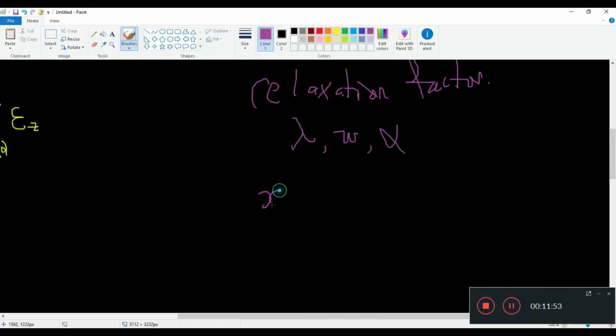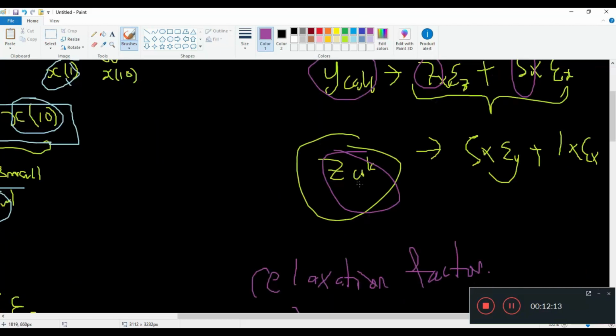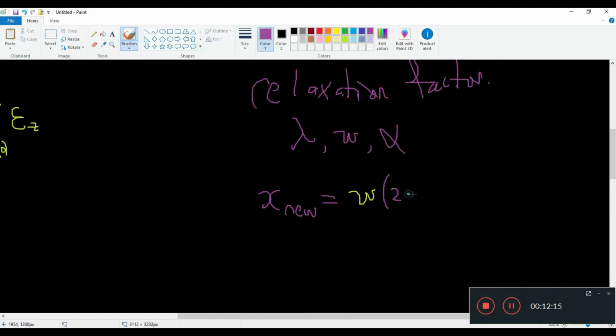So let's say you want your new value of x to equal some factor. We'll call it omega, for example. Omega will be multiplied into 2 minus 20y minus 50z. And you want to make this less than 1, for example.